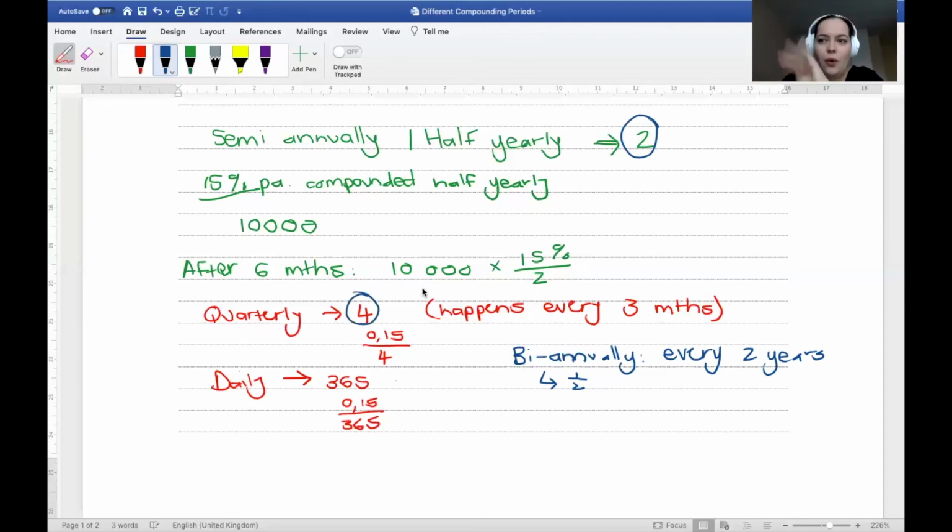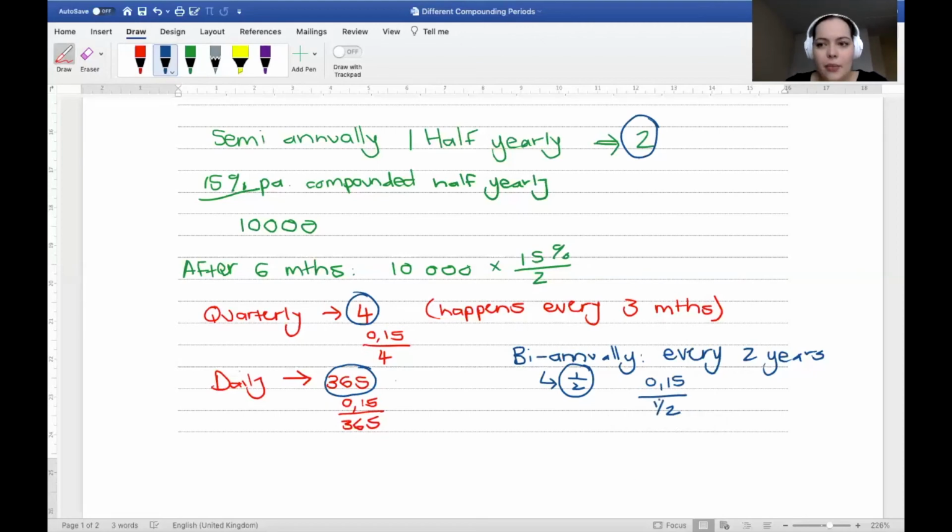Quarterly meant it happened 4 times a year. Monthly meant that it happened 12 times a year. Daily means that it happens 365 times a year. And biannually now means that it only happens half a time a year because it only happens every 2 years. We would say our 15% divided by a half.